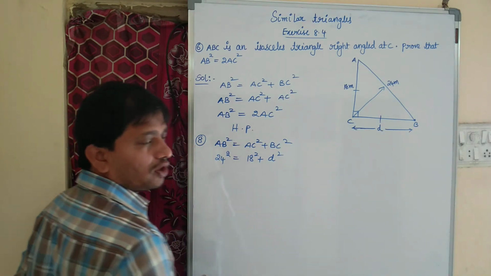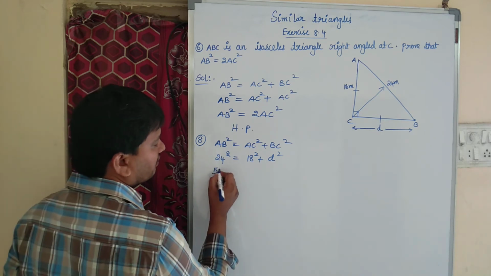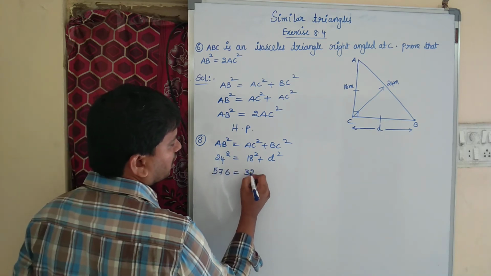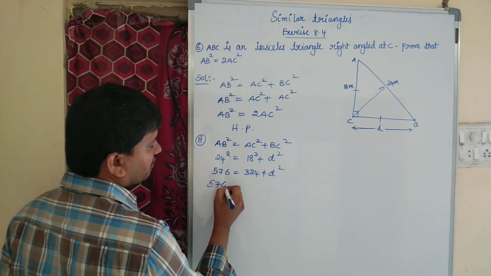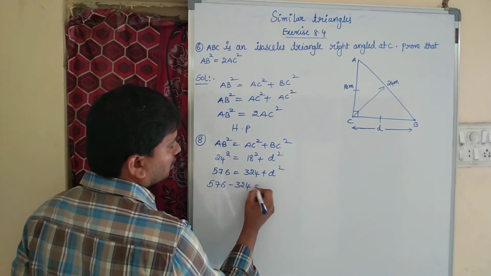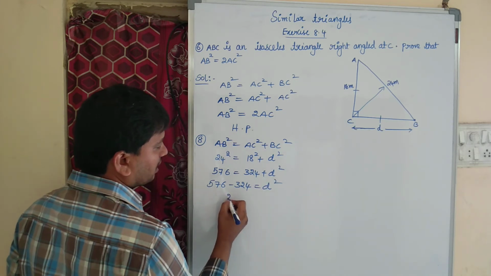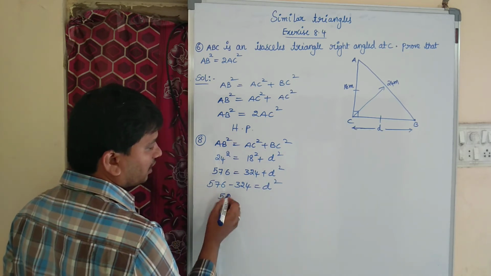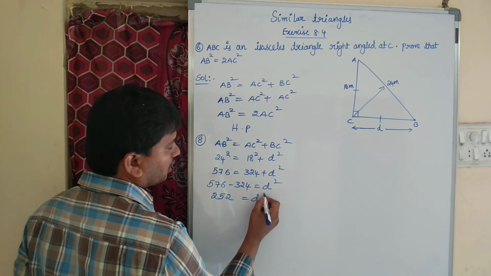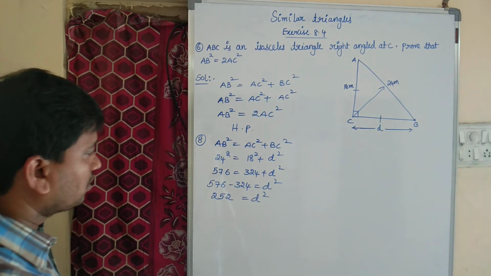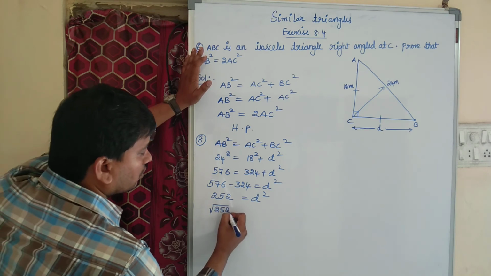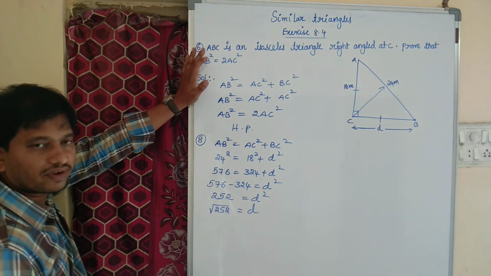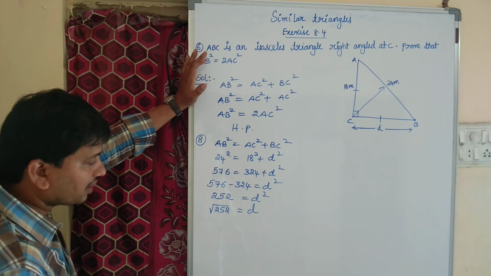So D square we call it. 24 square means 576, 18 square means 324, plus D square. Transpose: 576 minus 324 equal to D square. 6 minus 4 is 2, 7 minus 2 is 5, 5 minus 3 is 2, equal to D square. You know, square you transpose, it will become root over 252. We don't have square root of 252. I think further we can simplify this.